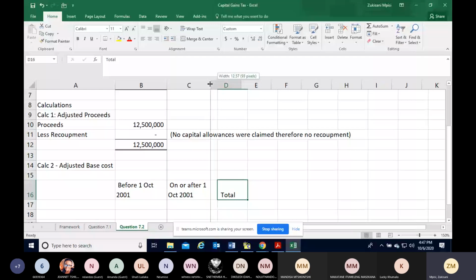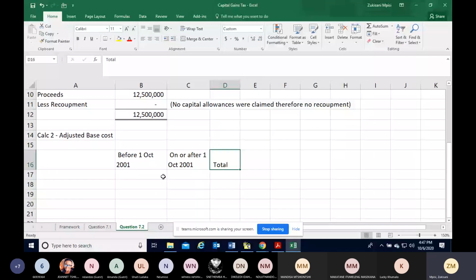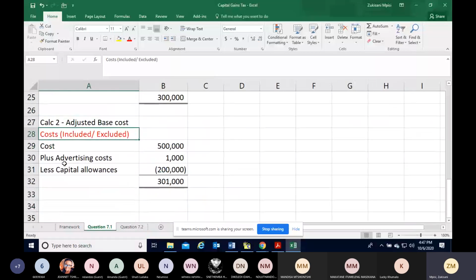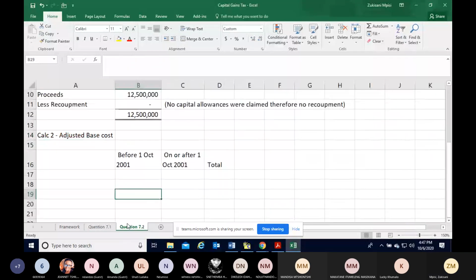This is basically what we need, because what do we need in order to calculate base cost? We need to calculate costs that are included, so we look at the cost before the 1st of October 2001, on or after 1 October 2001, and therefore the total amount.